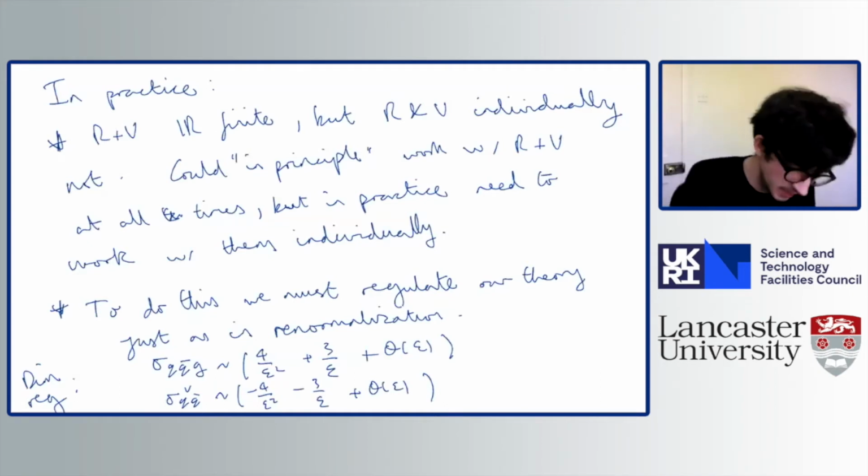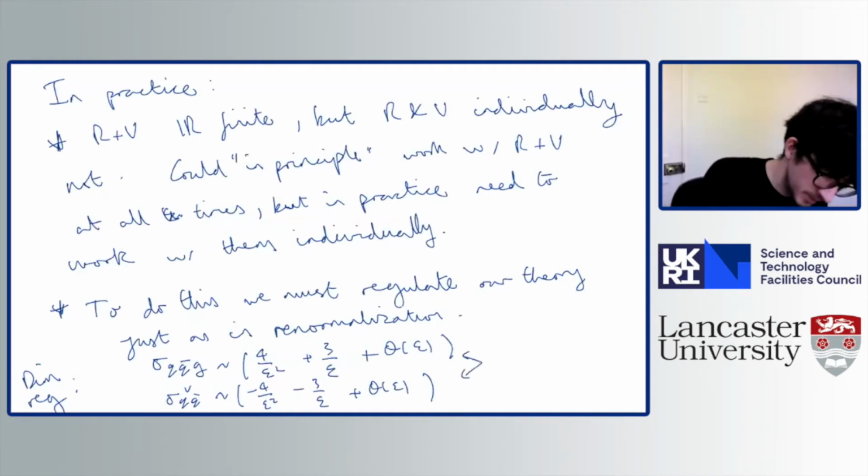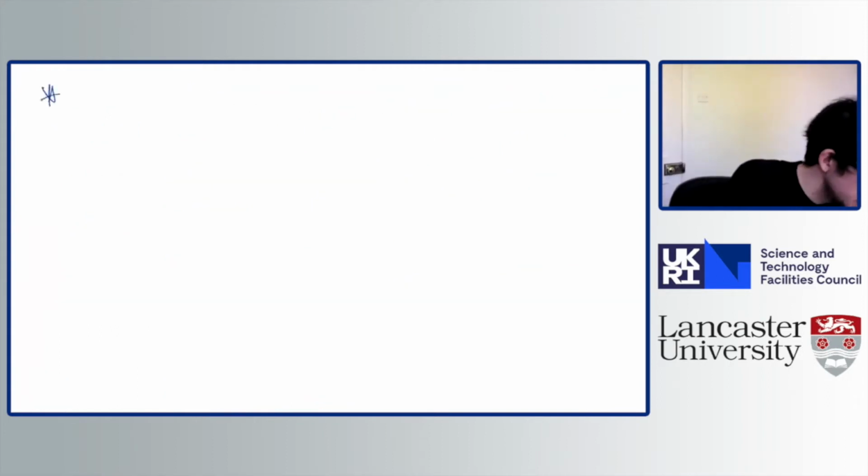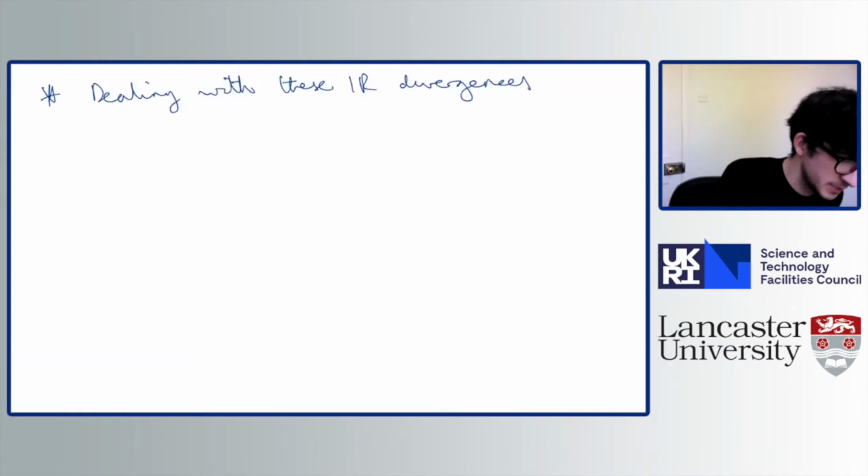So I'm just writing them in those relevant limits a little bit schematically. So the sum gives you no divergence, like that. Okay, so that's the kind of way you would deal with these things. Very, very brief. And so really dealing with these infrared divergences is really one of the key issues.